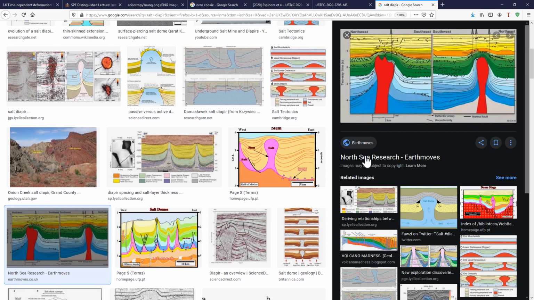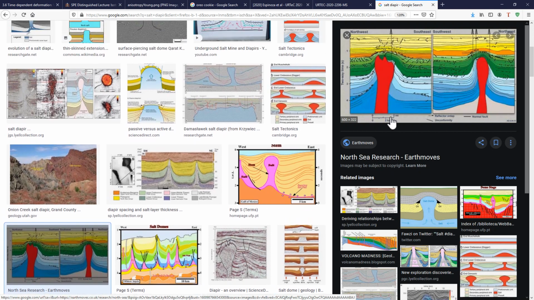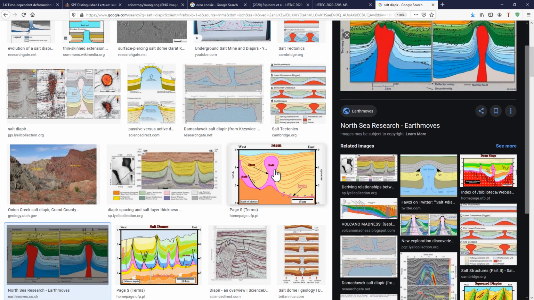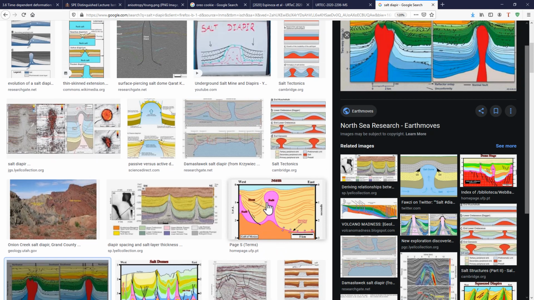Salt diapirs are made of salt. This happens very often, for example, in the Gulf of Mexico, in which we have a body of salt which has a lower density than the sediments that were deposited after the salt was deposited. The salt is originally deposited flat, but then it rises because of its buoyancy, and it rises as a function of time.